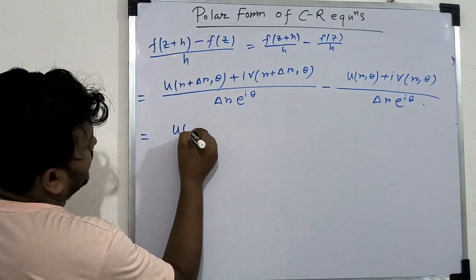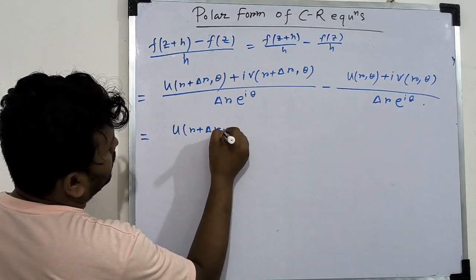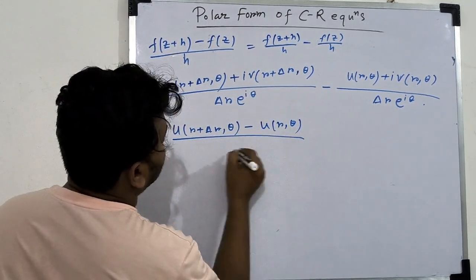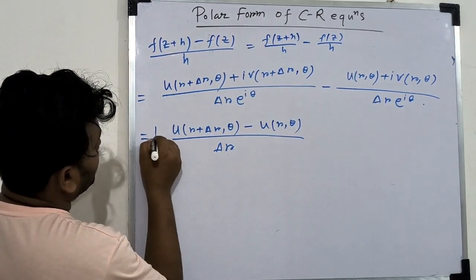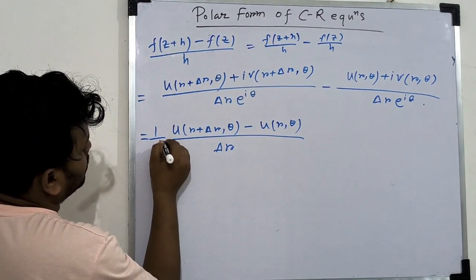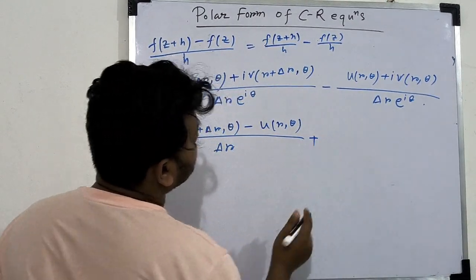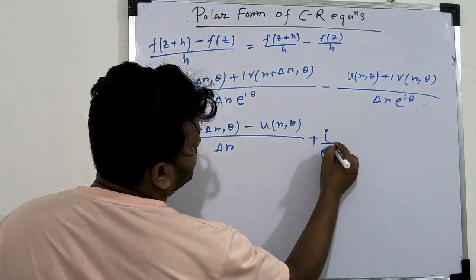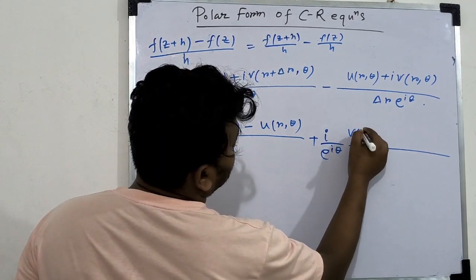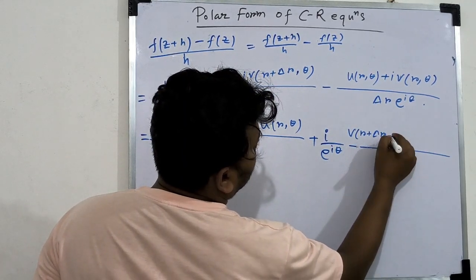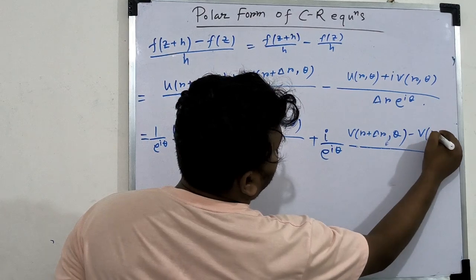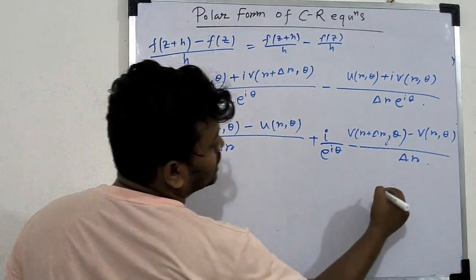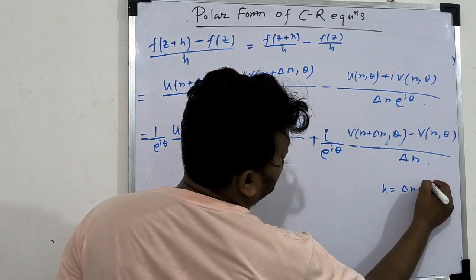We can write [u(r + Δr, θ) - u(r, θ)] / Δr times 1/e^{iθ}. Similarly for the v term we get common i, so this will be i/e^{iθ} times [v(r + Δr, θ) - v(r, θ)] / Δr, as h = Δr e^{iθ}.